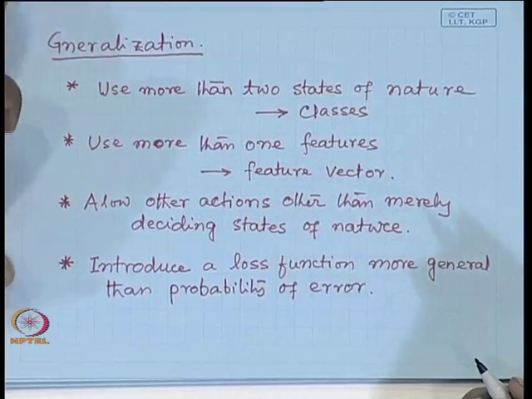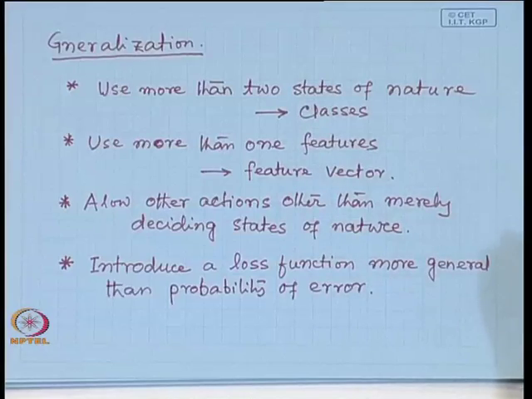If we decide in favor of omega 2, then the probability of error is p of omega 1 given x, and the purpose in simple Bayes decision theory was to reduce the probability of error.